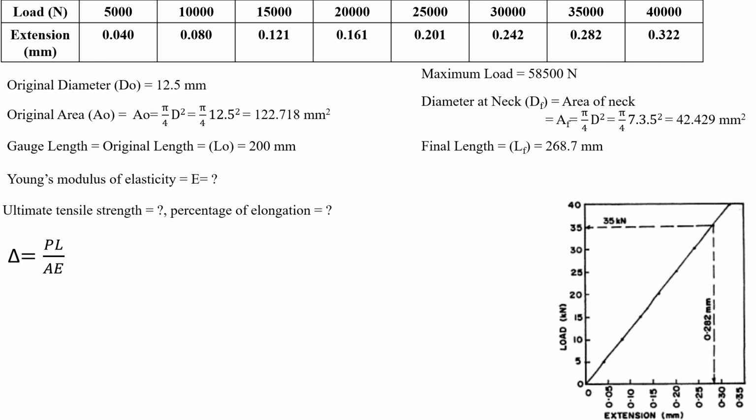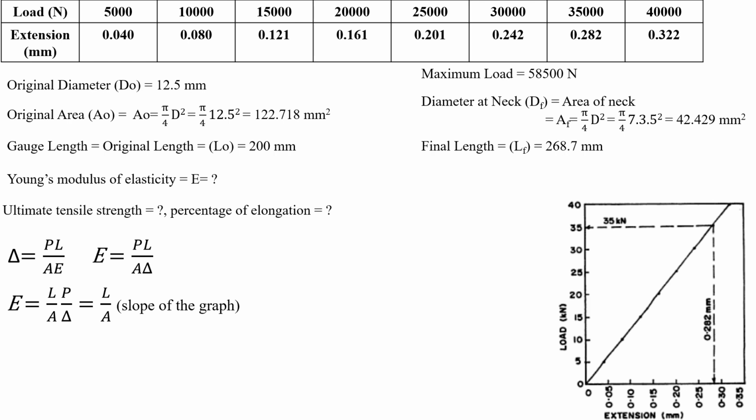Then we have to calculate the Young's modulus of elasticity, E value. We know the deformation formula, delta equal to PL by AE. From this equation we can write Young's modulus E equal to PL by A delta. Here P is the applied tensile load, L is the initial length, A is the cross sectional area, and delta is the extension.